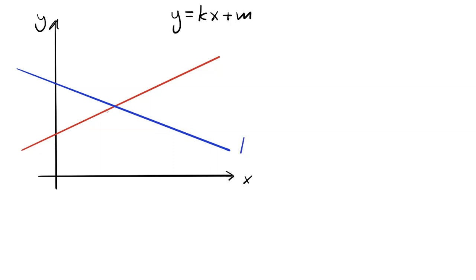So here, k is negative. For this one, k is positive. And if it's equal to 0, then we have a horizontal line.